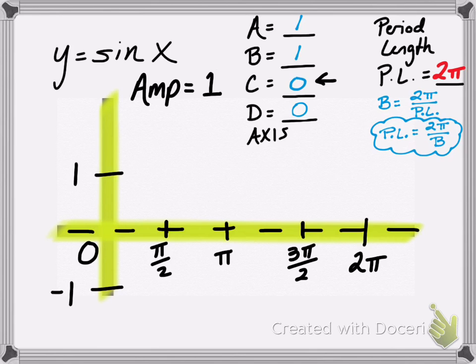And if we take the critical points into consideration, we know that at the beginning, there is a point on the axis. And then there is a maximum at 1/4 of the period length. There is a point on the axis halfway across the period. There is a minimum 3/4 of the way, and then there's a point on the axis all the way across. And then you connect the dots with a curve.